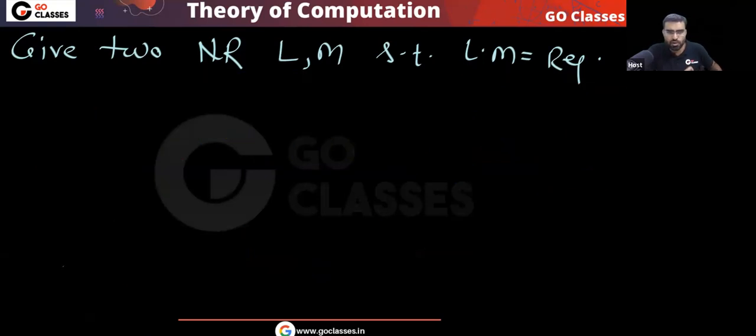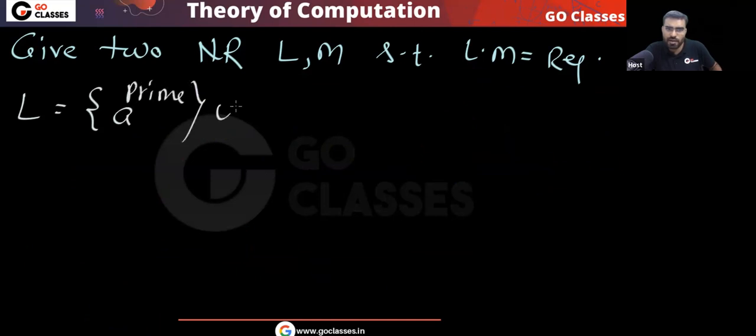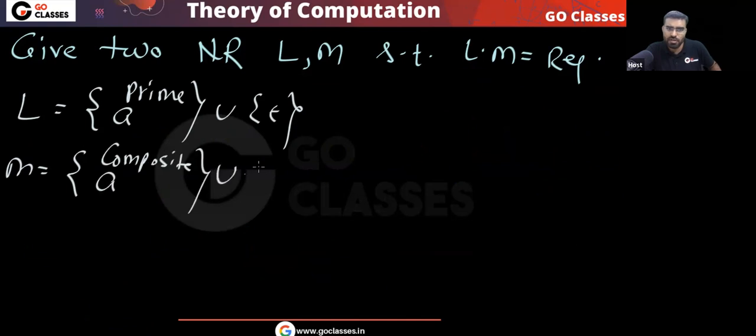Now tell me what is L dot M? Your L is a power prime union empty string. Your M is a power composite union empty string. Tell me what is L dot M?